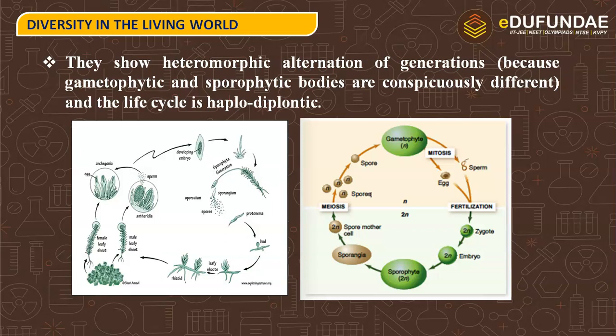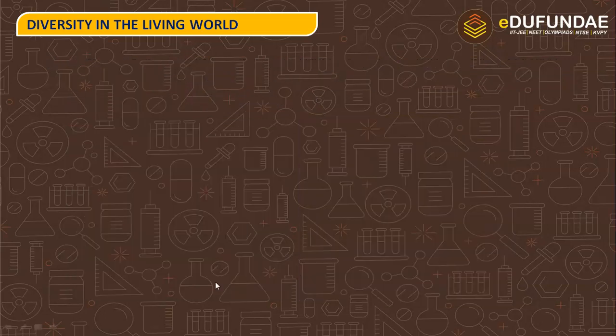This diploid zygote will form a diploid embryo, and the diploid embryo is forming the diploid sporophyte. And as we just discussed, the spore mother cell developing from the sporophyte will further form spores, and those spores will be haploid. Again those spores will form the main plant body that will be haploid. So this is the haplodiplontic life cycle that we observe in case of bryophytes.